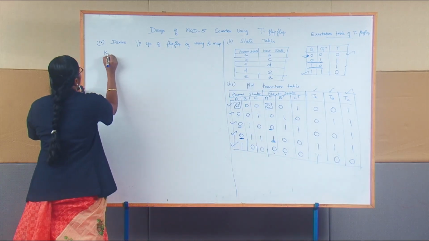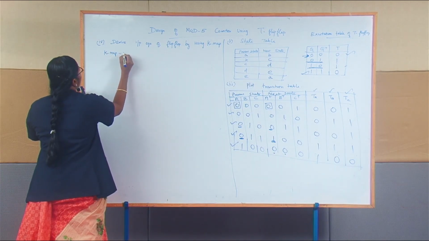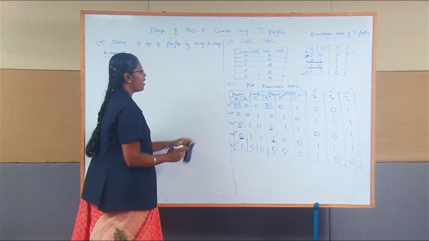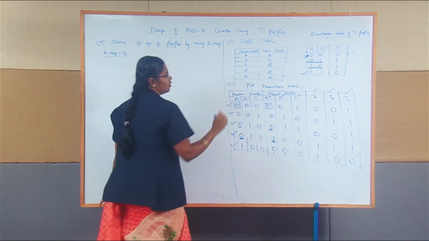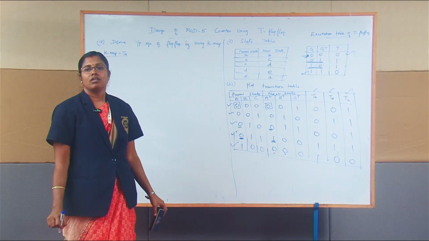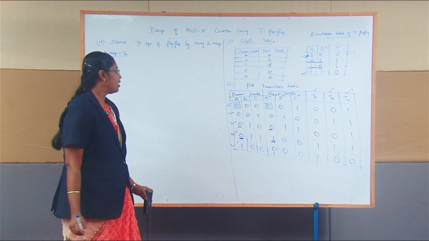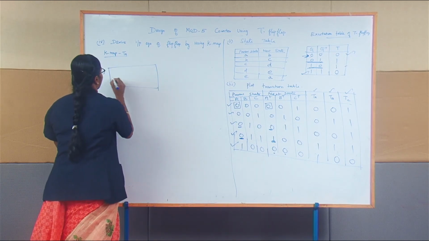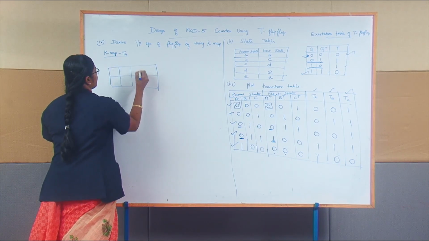So, let me draw the K-map for finding out the value of TA. Here you have 3 variables, that is A, B, C, so we need to draw an 8 cell K-map.